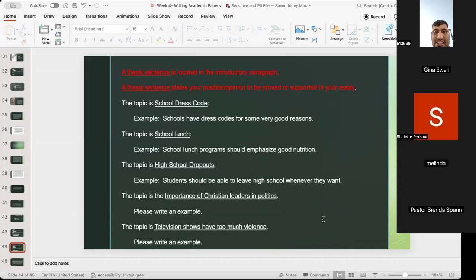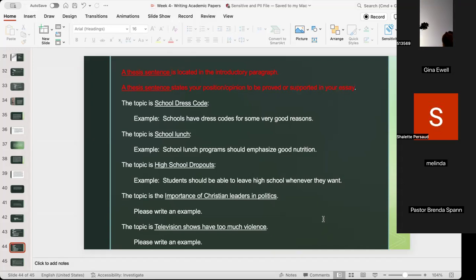Okay, the way to explain it is, your thesis statement or sentence is going to be written in your first paragraph, and it's always going to be the last sentence in your first paragraph. I'm going to say that again. Your thesis statement will be your last sentence in your first paragraph.